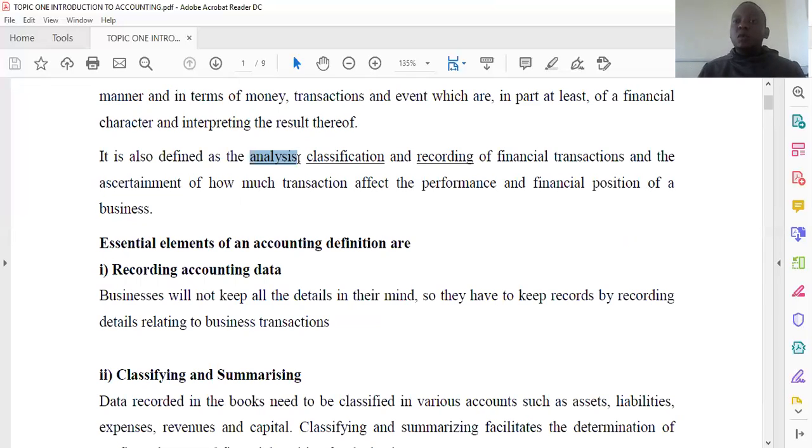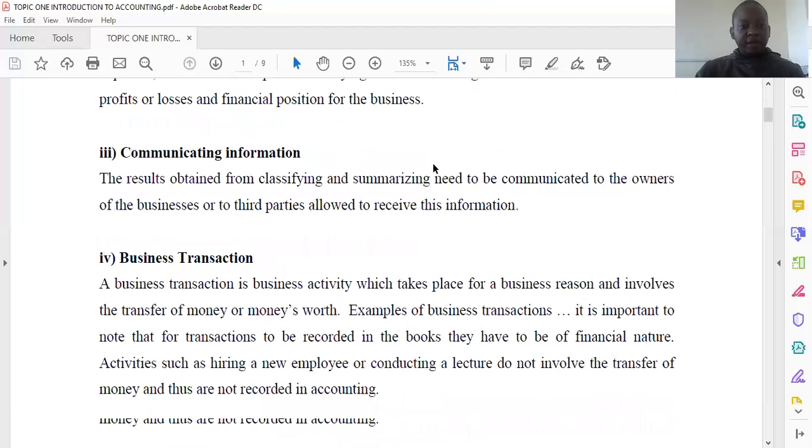Because we had many sales, the profits of the business have improved. So analysis is also another key element of an accounting definition: the analysis of the impact of a business's transactions on its financial position and financial performance. So I hope you're all together.